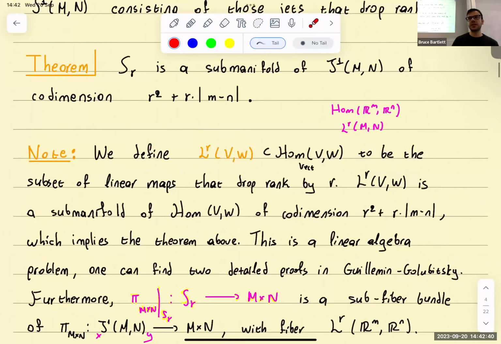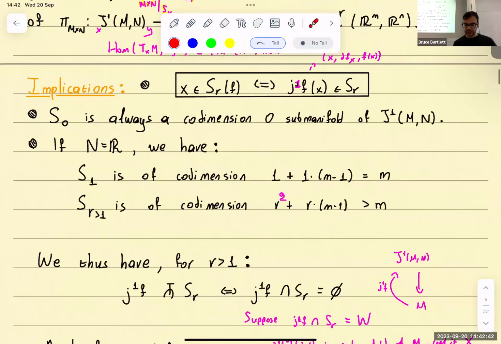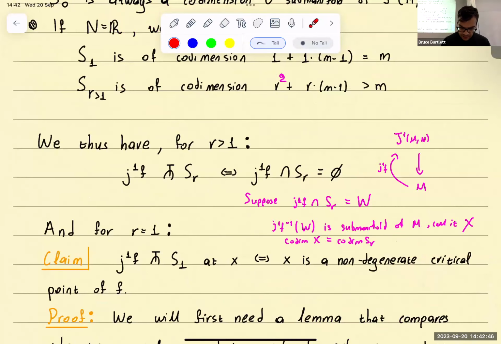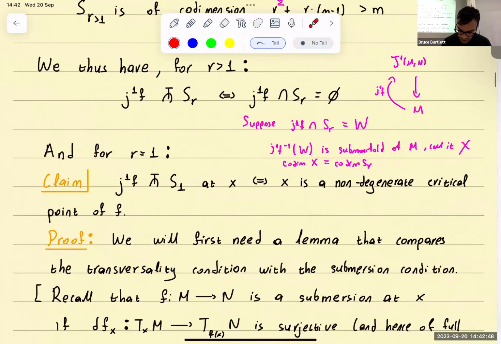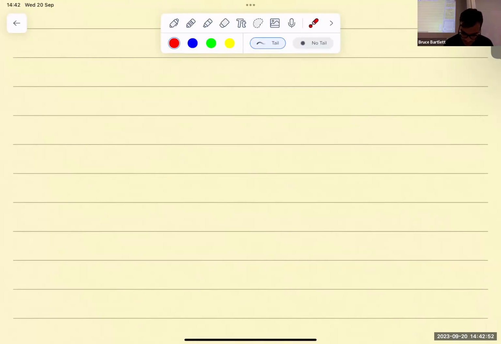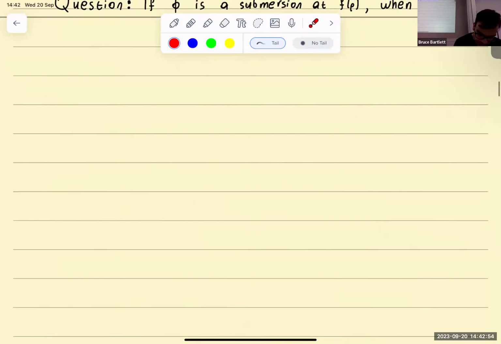No, it's a different one. So which theorem do we use to say this? Let me just say it. Let me make a new page here. It's actually quite a nice theorem.